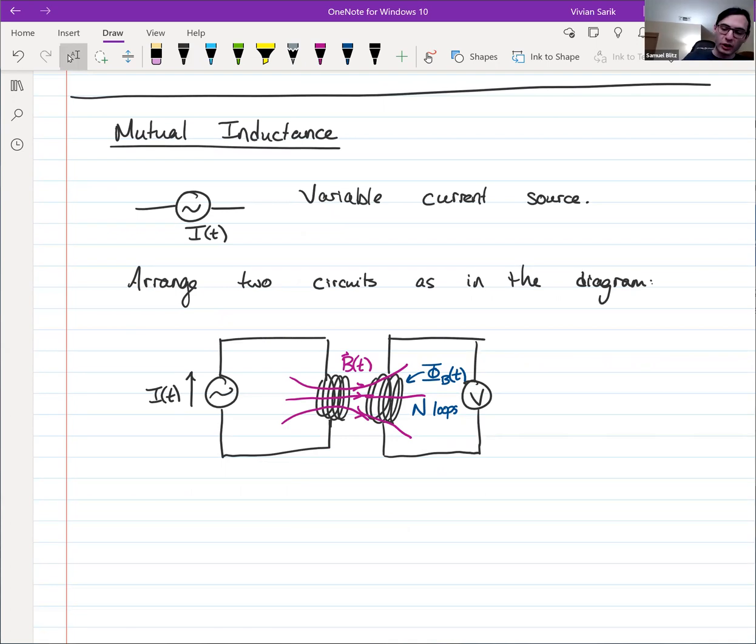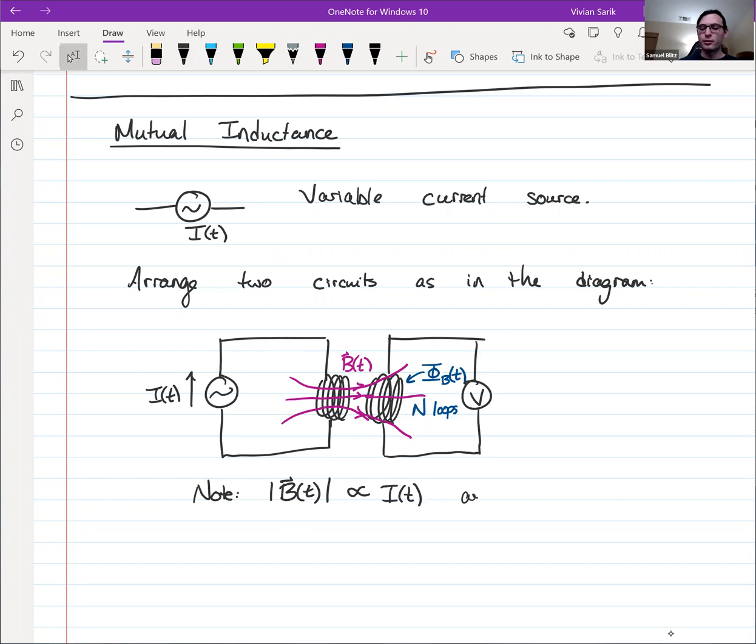So just as a quick note here, the magnetic field as a function of time, the magnitude, is just proportional to the current, right? And that's because in general, in a solenoid, at least to a good approximation, the magnetic field inside the solenoid is just proportional to the current. It's mu naught times n times I, right?